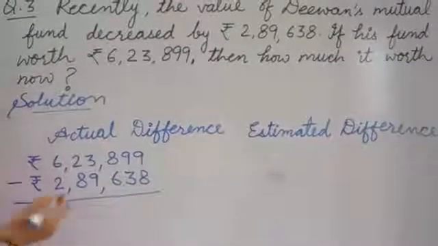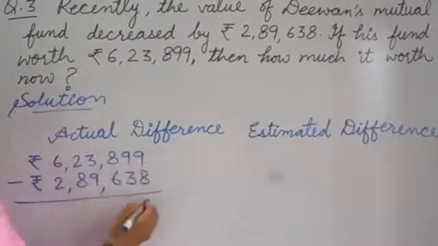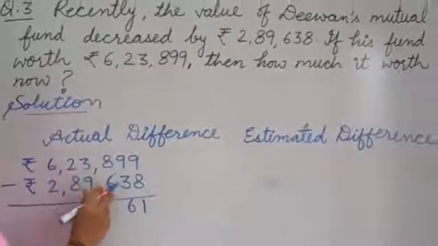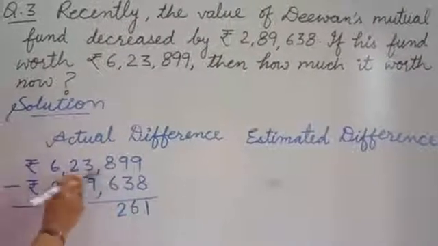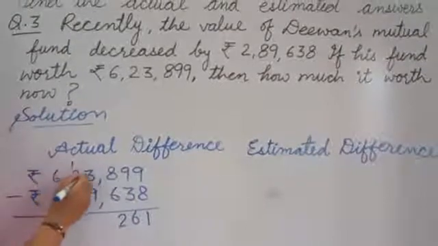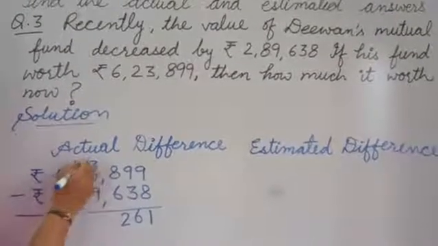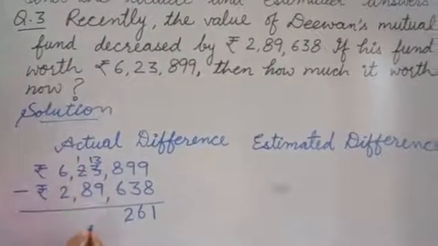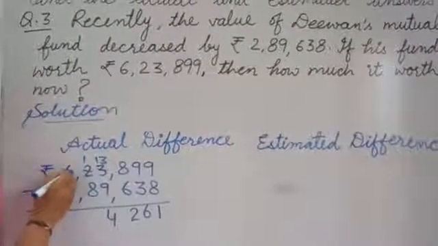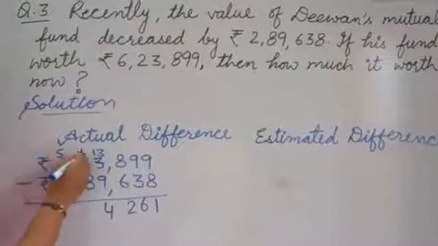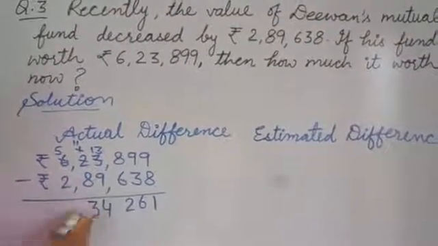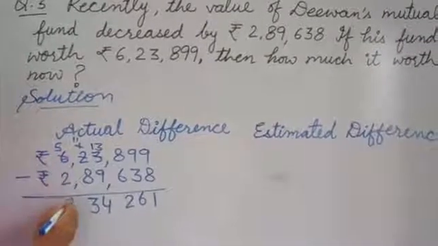So now we will do subtraction. 9 minus 8, 1. 9 minus 3, 6. 8 minus 6, 2. Now we can't subtract, so we will take borrowing. So there will be 1 and there will be 13. Now 13 minus 9, 4. Now again we can't subtract, so we will take borrowing. So there will be 5 and there will be 11. Now 11 minus 8, 3. And 5 minus 2, 3.